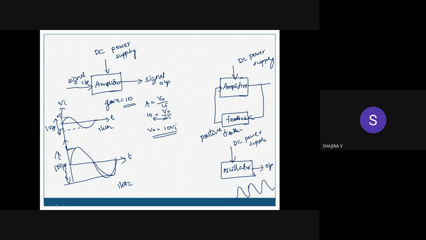It can produce a periodic waveform of constant amplitude and fixed frequency without an input signal. So without applying a sinusoidal signal at the input, you can produce a periodic waveform of constant amplitude and constant frequency by using an oscillator. The internal structure of an oscillator basically consists of an amplifier and a feedback network, and the feedback must be positive. So remember these points.